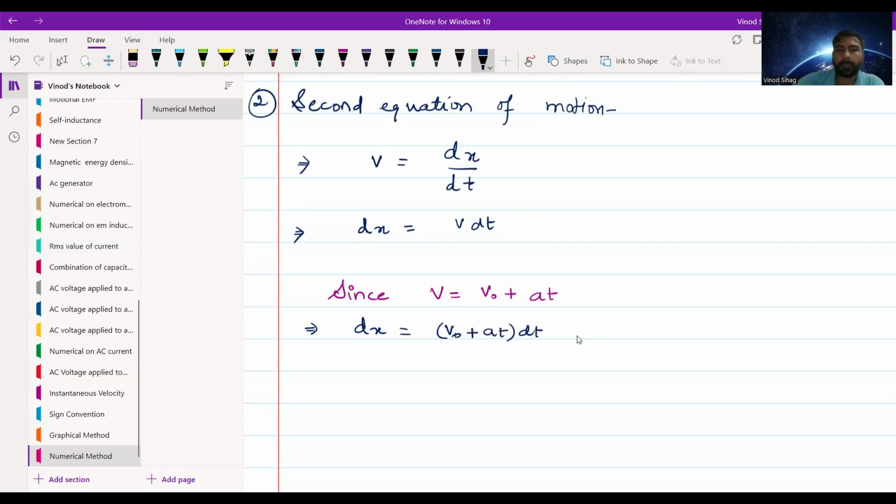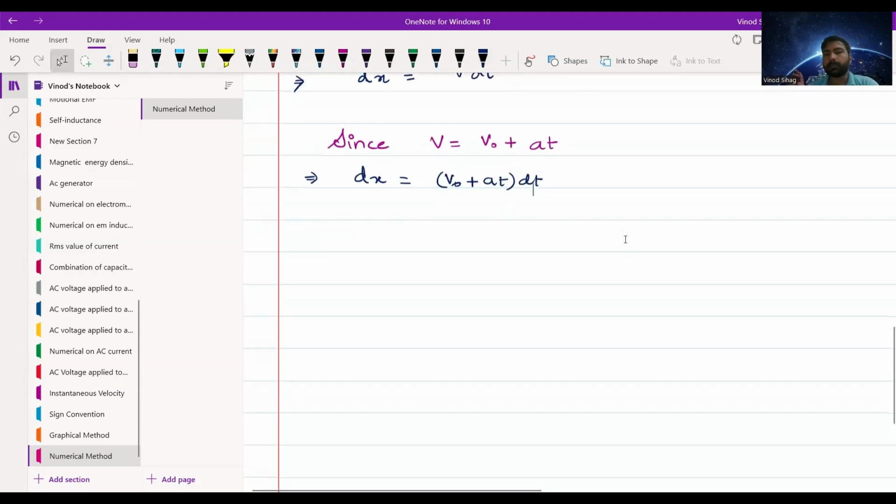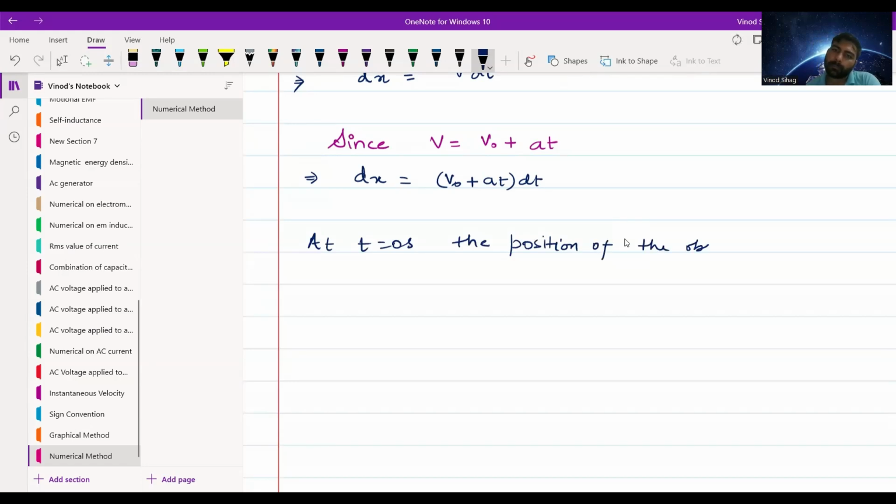Now let us assume that the initial position of the object is x naught. After time t seconds, the position is x.